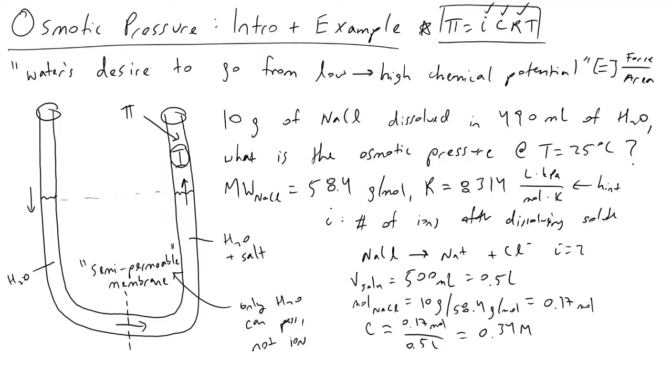And then the temperature, this is a key variable here. We have to make sure that temperature will have units of Kelvin. And so because we're given 25 degrees C, temperature in Kelvin will be equal to 25 plus 273, which in this case will be 298 Kelvin.